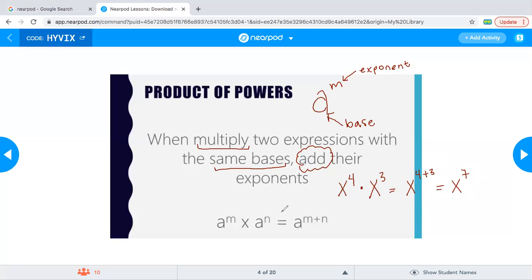And yes, I'm going to start off easy, and it is going to get harder as we go. What if I had x to the power of 4 times y to the power of 3? Are those the same bases? No. So can I add their exponents? No. So it would just be x to the 4, y to the 3. Questions?